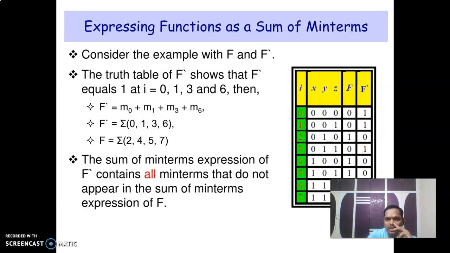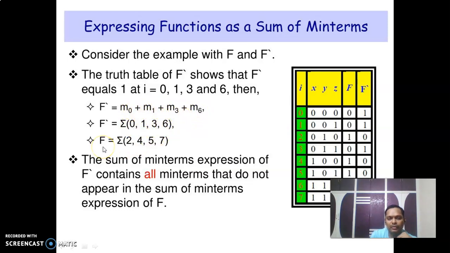Express the function as the sum of min terms. Consider the example F and F bar. See the truth table, where F bar is nothing but the complement of the function F. F bar equals m0 plus m1 plus m3 plus m6, and this function can be represented as sigma 0, 1, 3, 6, as the suffixes indicate the min terms.